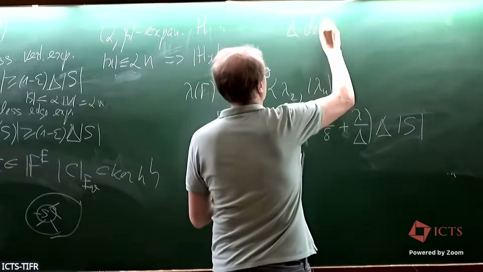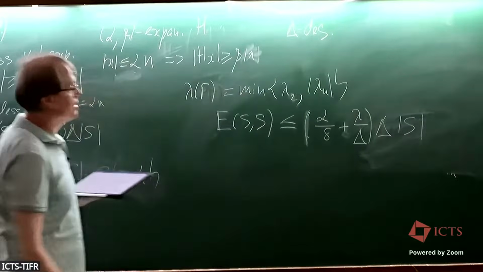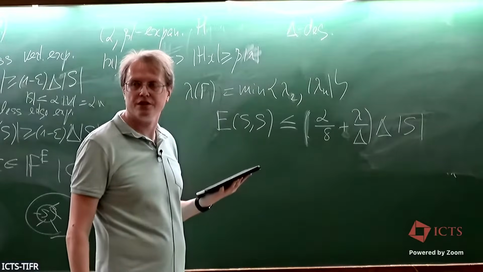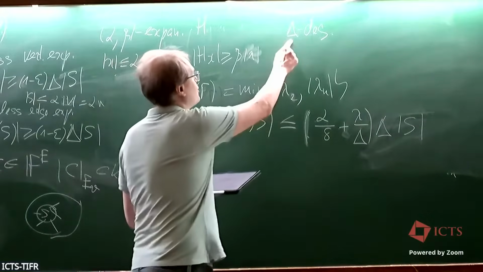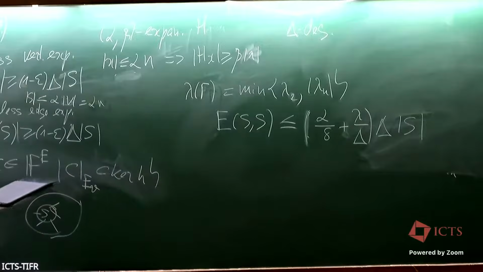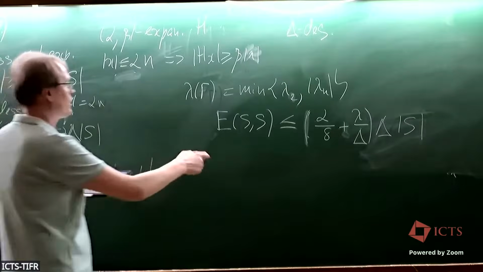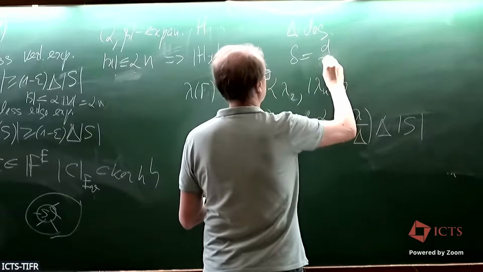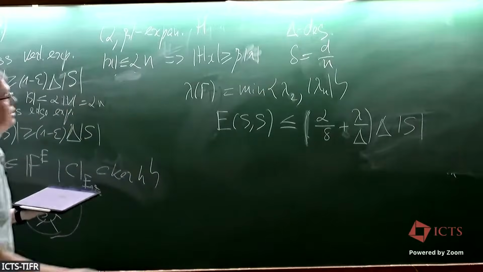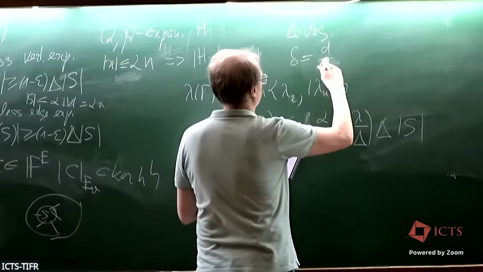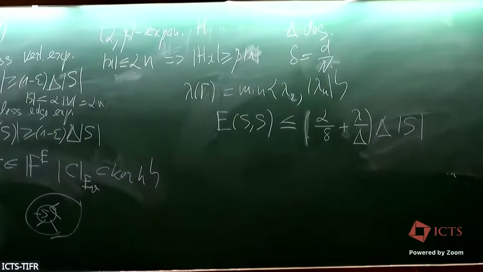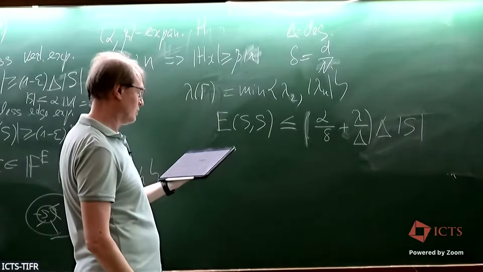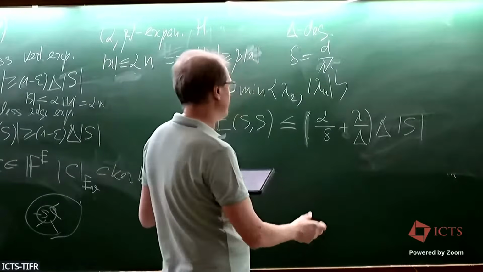So we have degree denoted by delta. Delta is the degree of the graph, the large delta. This is the standard d divided by the length of the code, or maybe n, because we use n for the number of vertices. And here you can see that this thing is small.